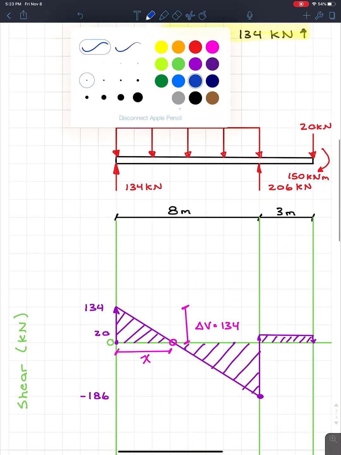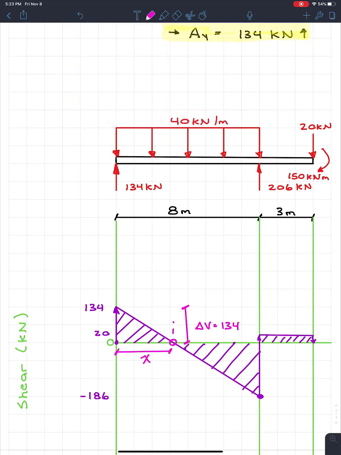So if I were to take my pink again, and I go all the way up here, all the way up to the distributed load, I'm going to want this area right here. So I'm going to kind of highlight in pink. So this area we know is going to be base times height.